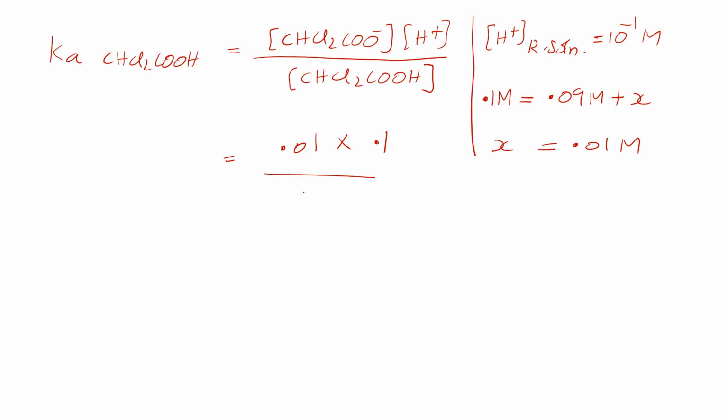Then in the denominator, dichloroacetic acid concentration we will write as 0.09 minus X. X is 0.01, that we will substitute. Therefore, Ka is equal to 0.0125 for dichloroacetic acid. That's what they have asked.